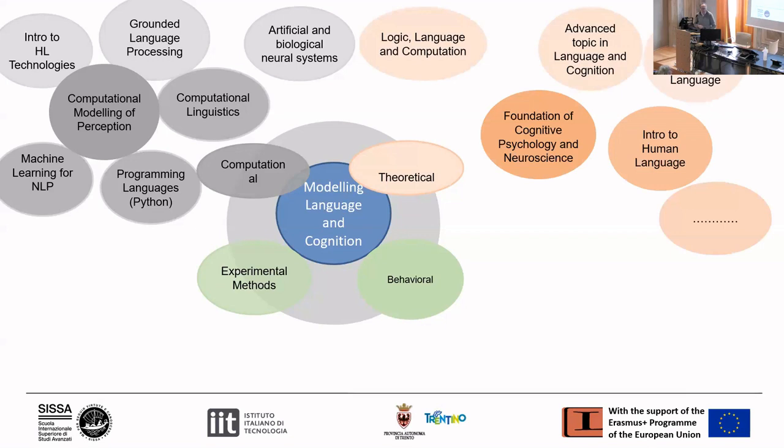On the theoretical side, I teach intro to human language, the logical structure in natural language that's covered by the team in the top corner. I teach advanced topics in language and cognition, and other people teach, for instance, logic, language, and computation.